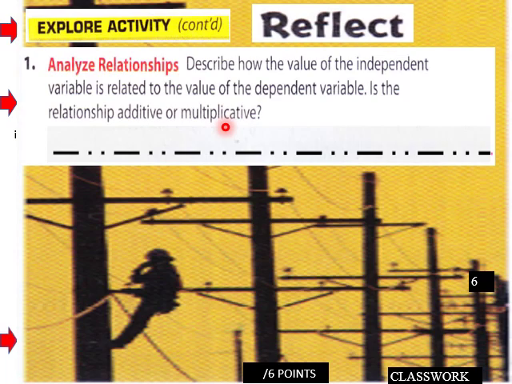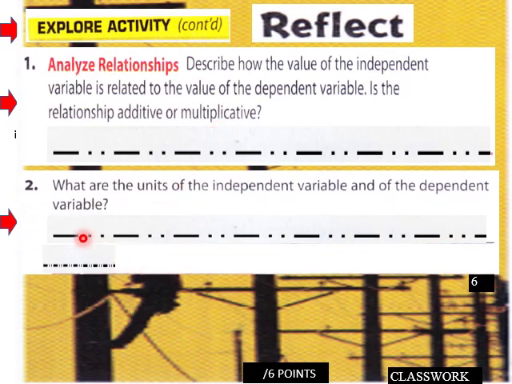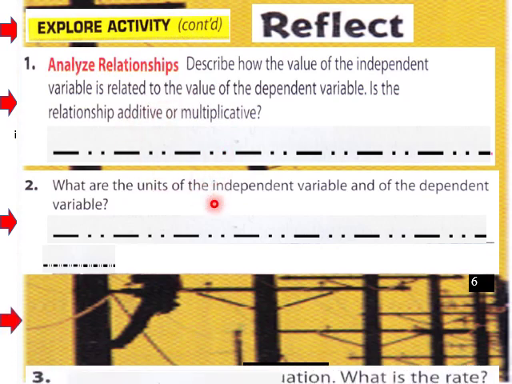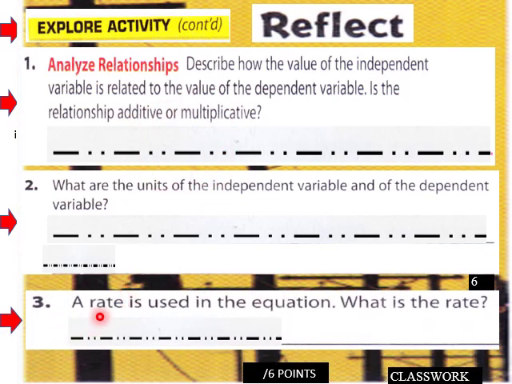Question 2, what are the units of the independent variable and the dependent variable? And question 3, a rate is used in the equation. What is the rate? Describe the rate down here, students. Teachers, give your students about 2 or 3 minutes to answer these questions.